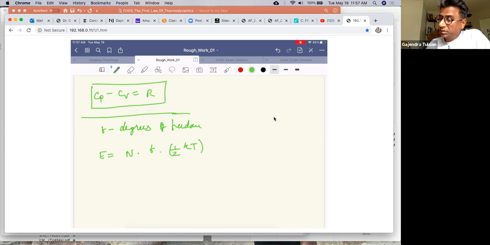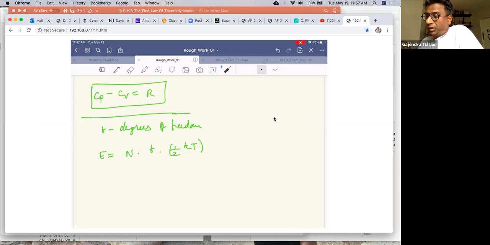So that's how easy it is to calculate the internal energy of the system. The problem is, of course, how many degrees of freedom are there? And that number changes for a given system with temperature.